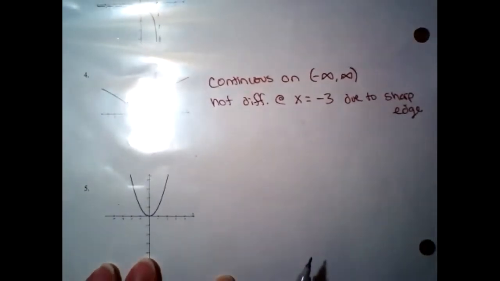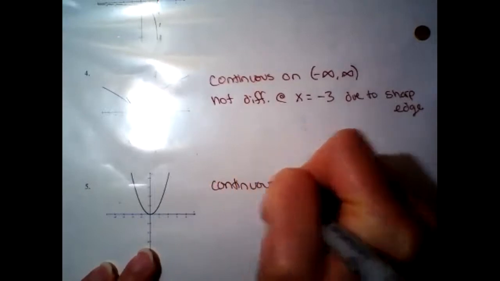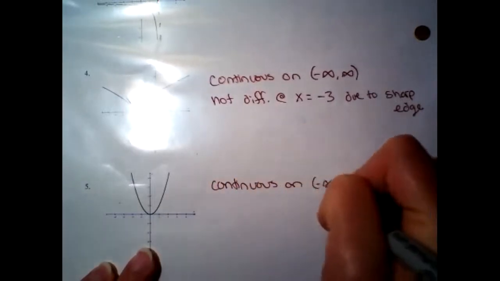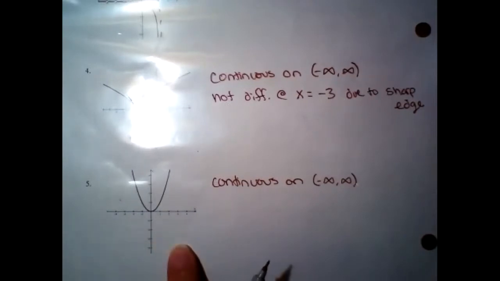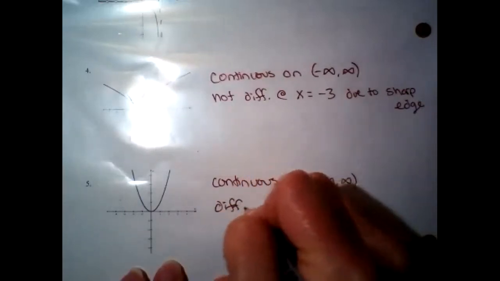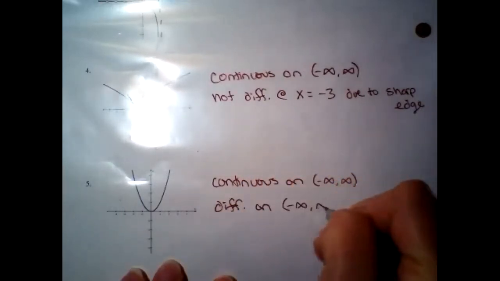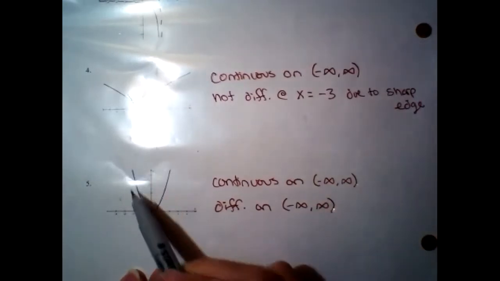All right, and then the last one's a parabola. So that is continuous everywhere. And is it also differentiable? Yeah, good. So we're differentiable on all reals as well. There are no sharp edges, there are no vertical tangent lines, there are no discontinuities.